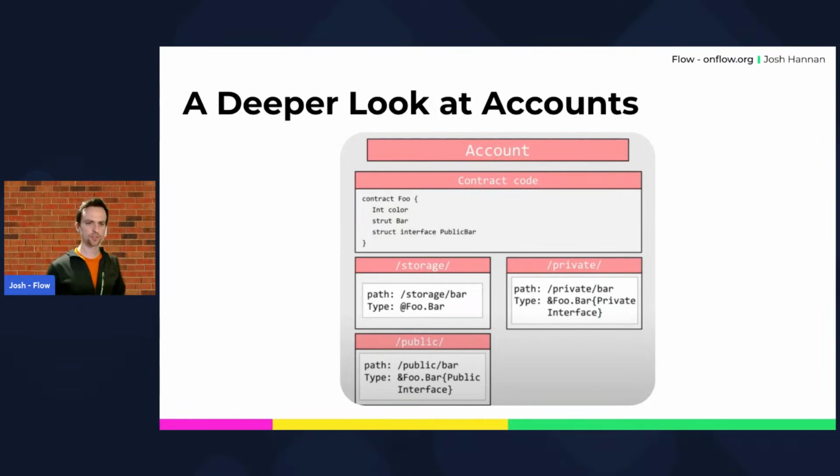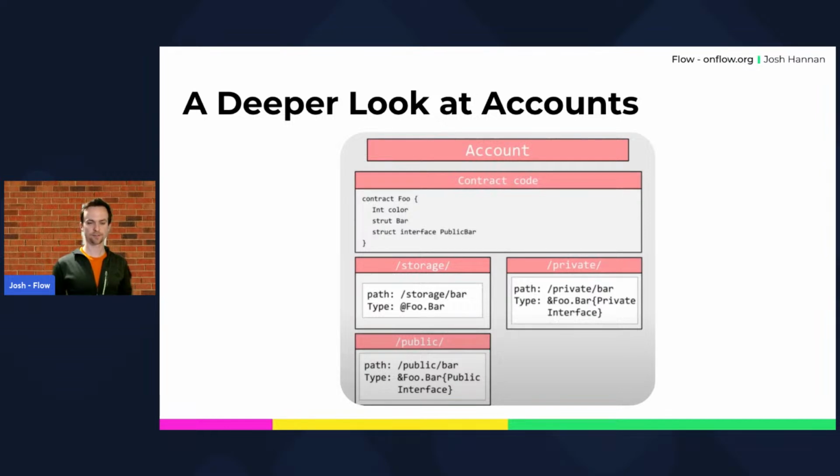The storage section of your account is only accessible by you, only accessible by someone who has signed the transaction with the key that controls that account. So it's completely private and nobody else can access it. But sometimes you want to give access to other people, or you want to make parts of it publicly accessible. So that's what the public and private sections are for.